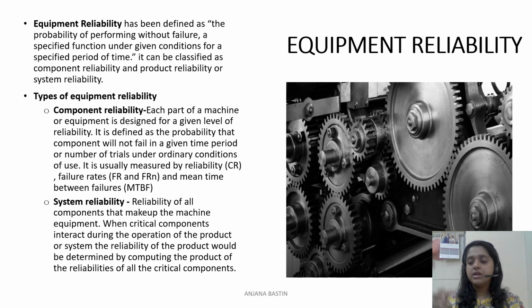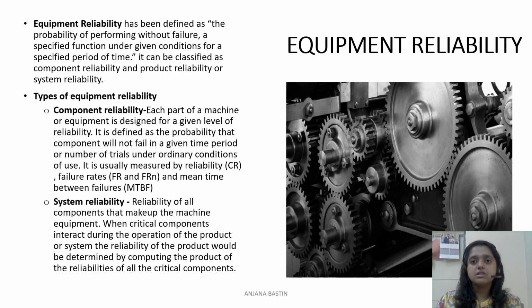Maybe out of the 5 components of that machine, one component is not reliable enough, so I'll have to change that component and put another one, so that the overall working will not be affected. You understand why we are focusing on component reliability? Whenever there is some issue, or whenever we have to do the maintenance work, we have to understand what the causes are that would bring down a breakdown or any technical issue.